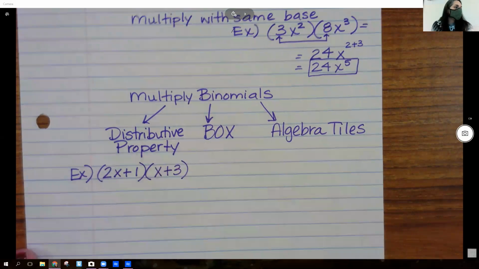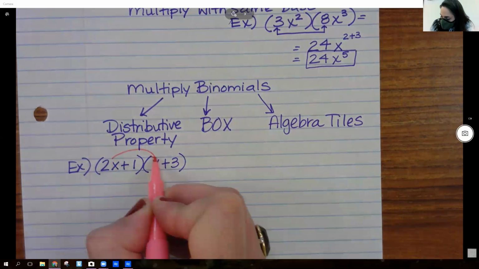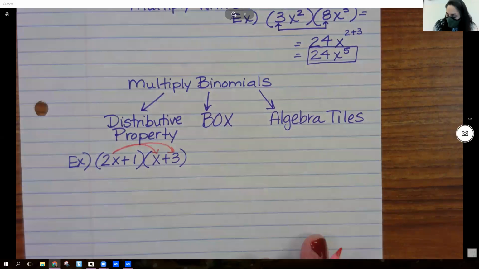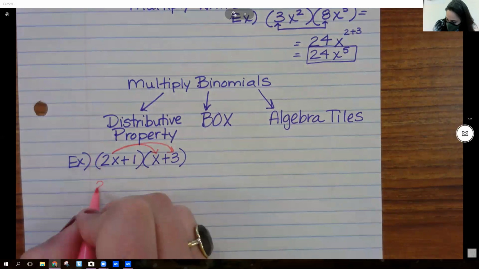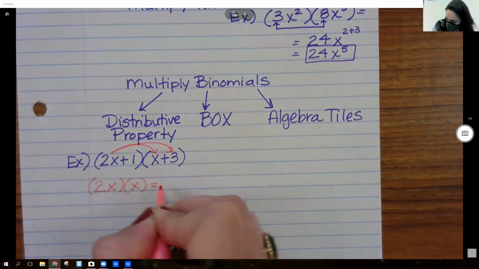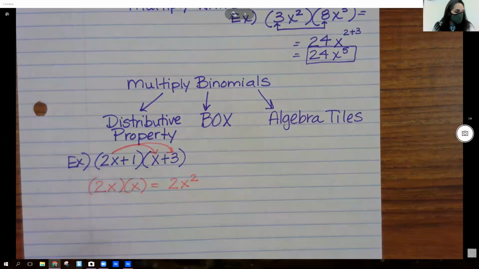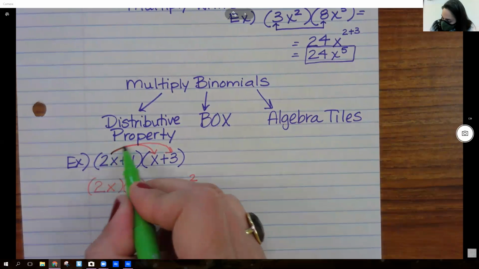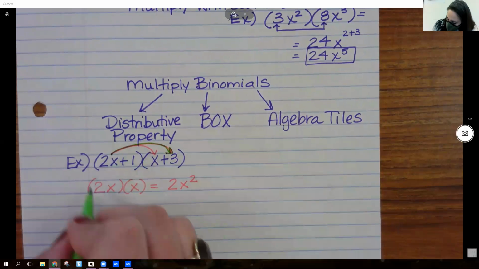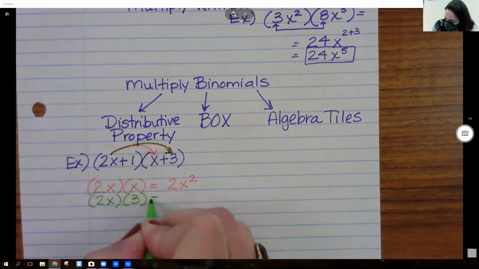So it's not too bad. The distributive property says that you would do 2x times x and 2x times 3. So 2x times x would be 2x squared. And then 2x times 3 would be 6x.